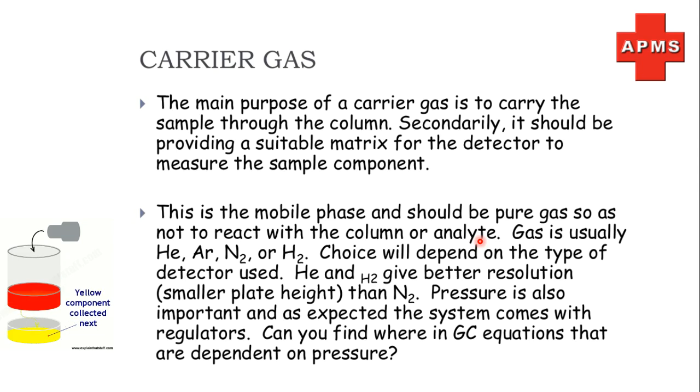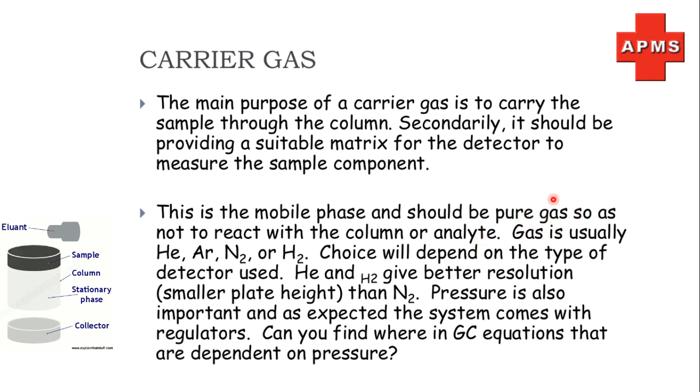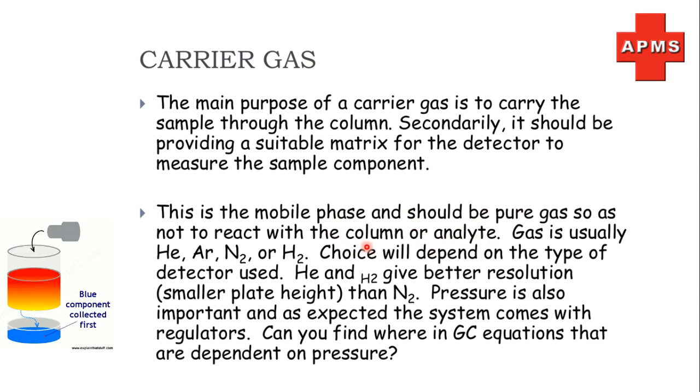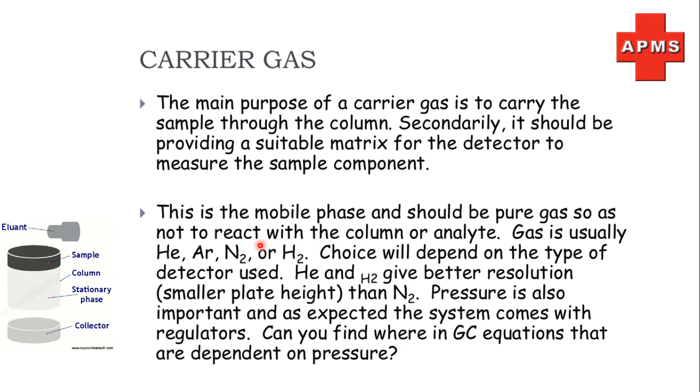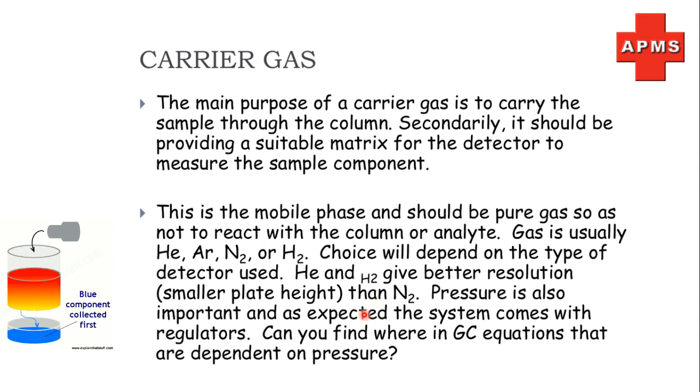So this is the first property that should be present in a gas, which is its inert nature, where these gas molecules should not react with the sample or analyte or with the components of the column. We should choose a gas that does not react, because the temperature inside the instrument, meaning the temperature of the column, should be high to keep the sample in its gas phase.